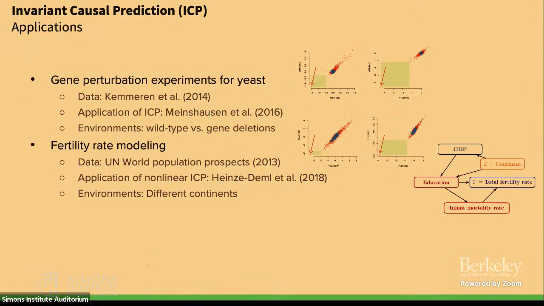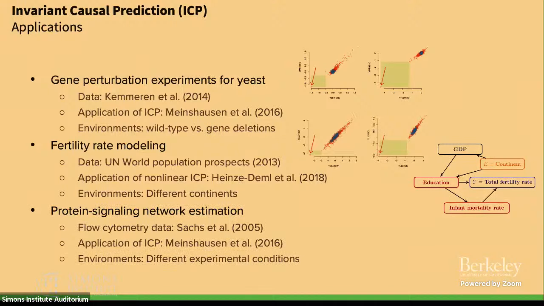In the context of nonlinear ICP, it has been employed on a data set from the UN where the target variable of interest, Y, is the total fertility rate of a country, and as environments we could use the different continents. Finally, one fairly classic application of causal structure learning algorithms is the data set from Sachs et al., which is about protein signaling network estimation based on flow cytometry data. There, the different environments are different experimental conditions.